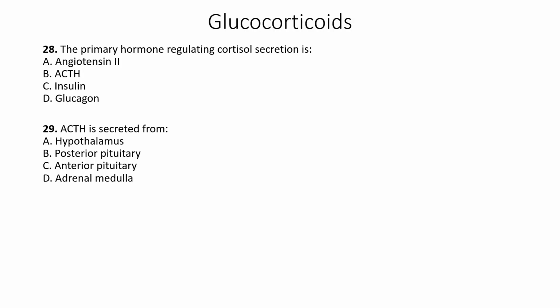The hypothalamus secretes CRH, which acts on the corticotroph cells in the anterior pituitary gland, which then releases ACTH. ACTH will travel via the circulation, hit the adrenal cortex, and stimulate cortisol synthesis and release. This is very important for proper endocrine regulation of the adrenal glands.